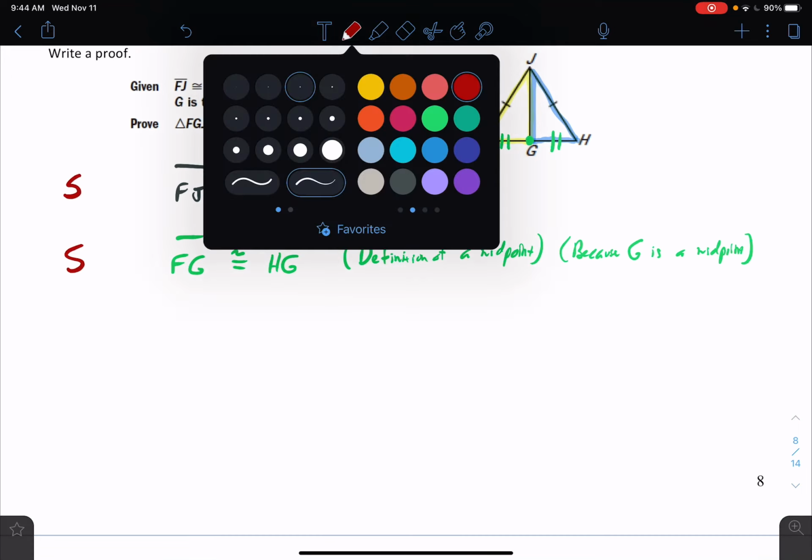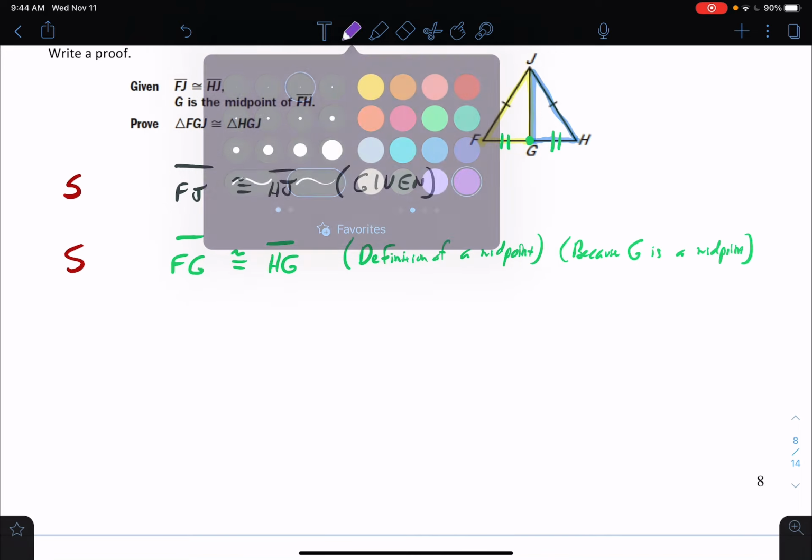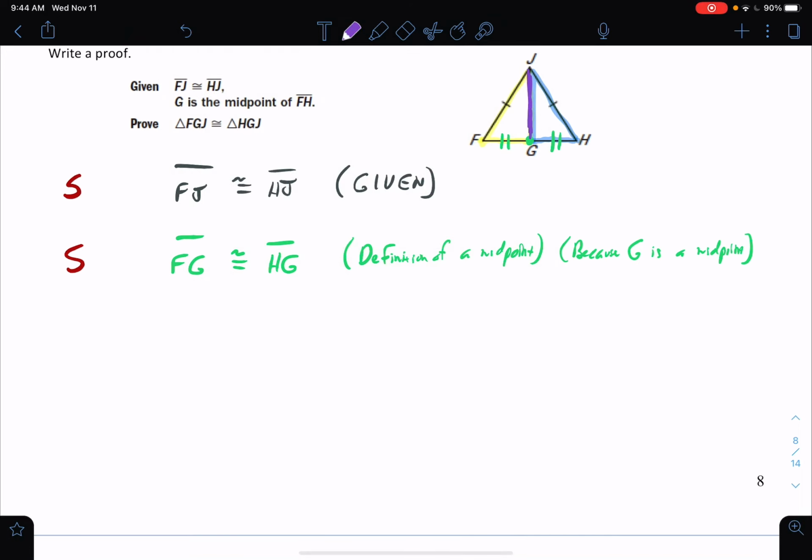Okay, so why does it make sense? This is the third side, JG. What do you notice about JG? JG is shared between both triangles. Okay, so JG is going to be congruent to itself. So JG is congruent to JG because it's a shared side.